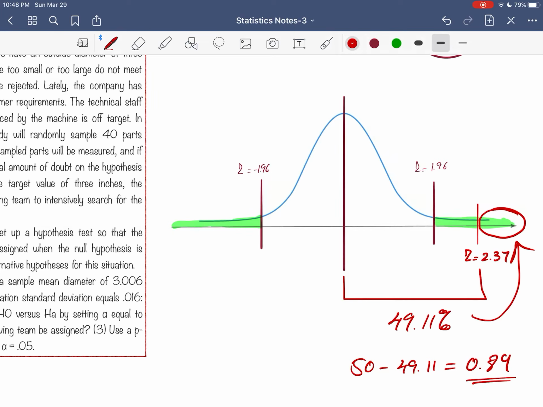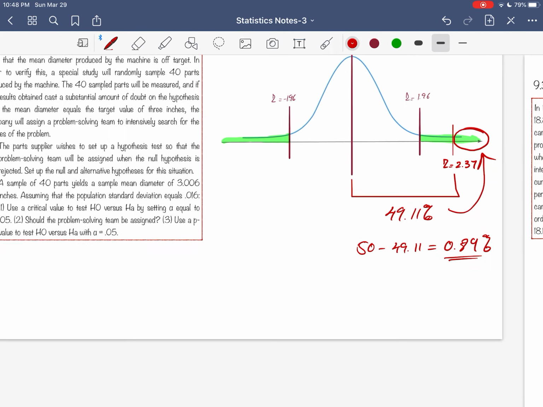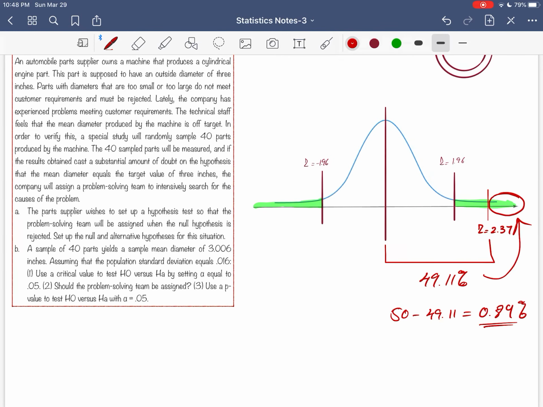So there is a 0.89% probability that you will find a sample that big or bigger just by random chance. And so the p-value is interesting because you can use it to reject or not reject the population parameter or the hypothesis. Because alpha is equal to 5%, keep that in mind.